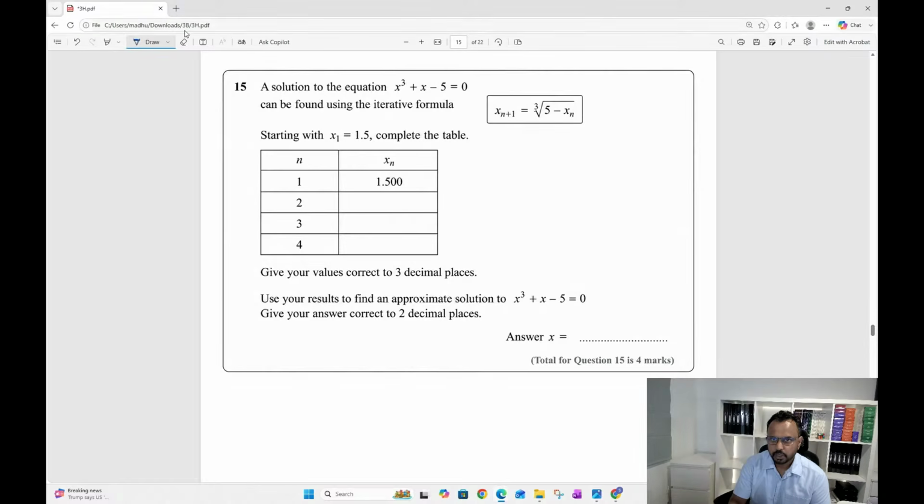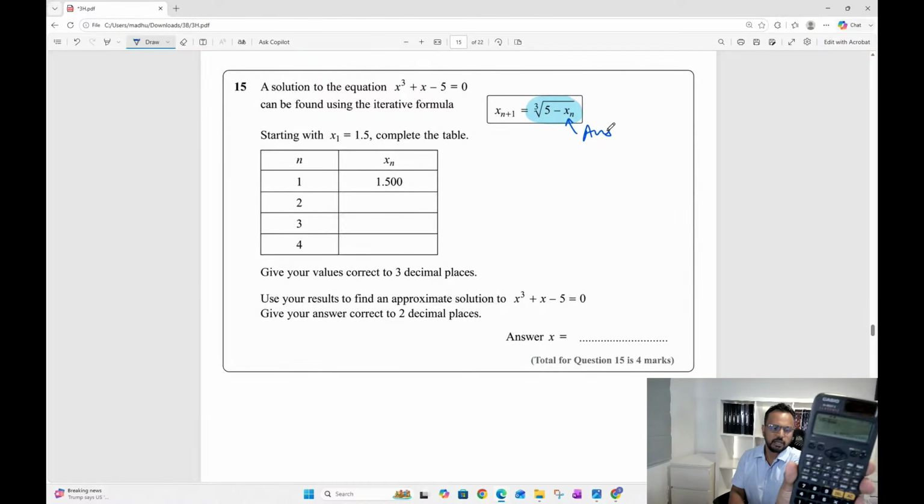Now we are going to enter this formula, but instead of xn, I'm going to insert the answer. So shift square root gives me the cube root sign, 5 minus answer, like that. And I just hit the equal button, and I get my first answer. So let's write this down to 3 decimal places.